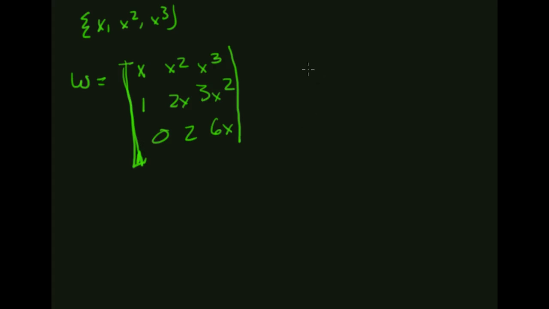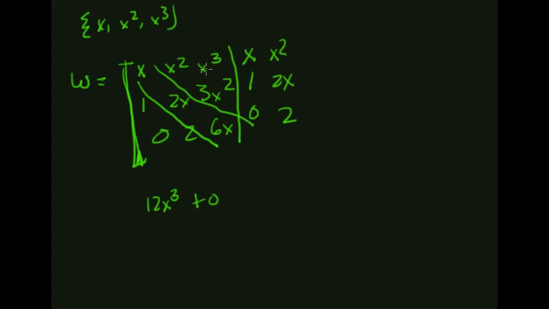And if you remember, an easy way to do this with 3 by 3 matrices is to repeat the 2 rows and go down. So this would be 12x cubed. Right, so this is going to be 0. And this one gives me plus 3x cubed, right?